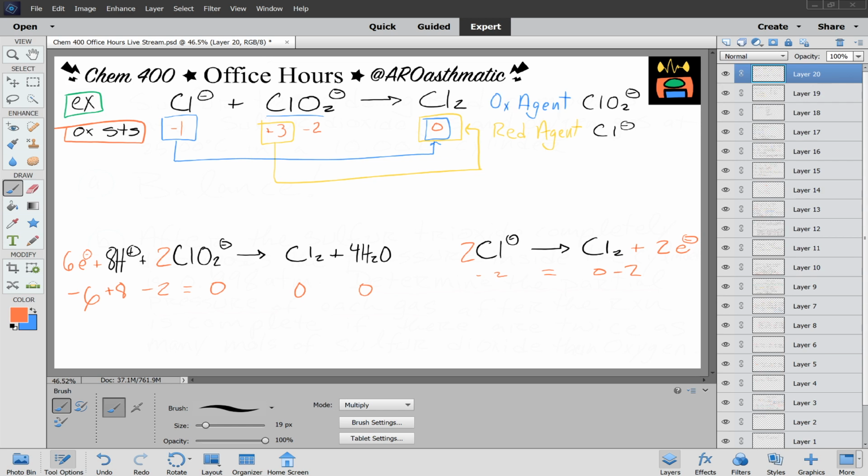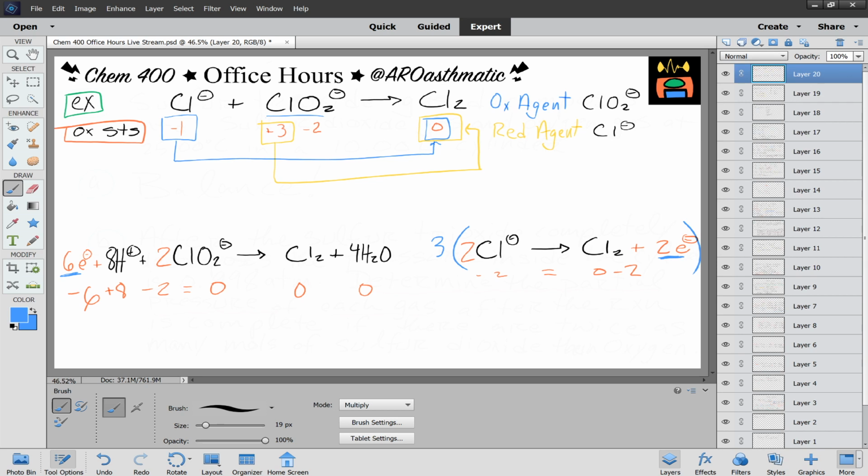So let's get back to the problem. As of right now, we have our atoms and our charges balanced for both of these reactions. However, before we can recombine them, we need to make sure that the number of electrons consumed by one half reaction equals the number of electrons produced by the other. To do that, we need to multiply our chloride half reaction by 3.